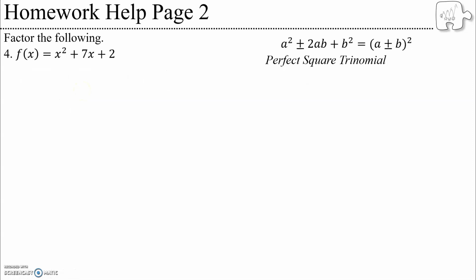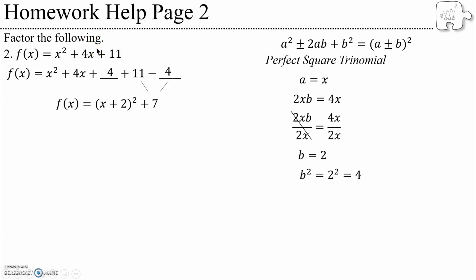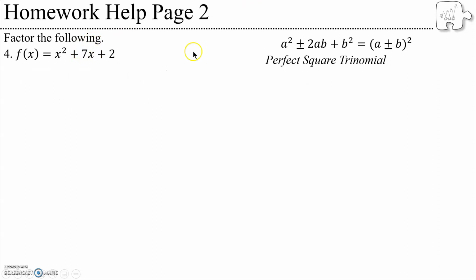The only annoying thing with these problems is that we were always dividing this middle number by 2. For the previous problems, it works really nicely if this number is even. When the number before the x is odd, it gets a little bit frustrating.